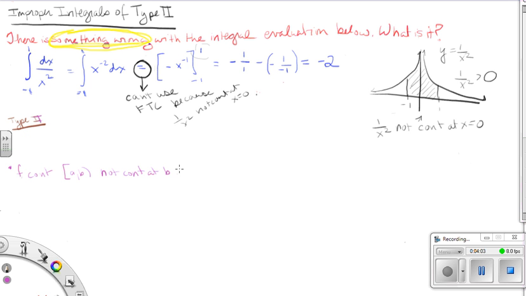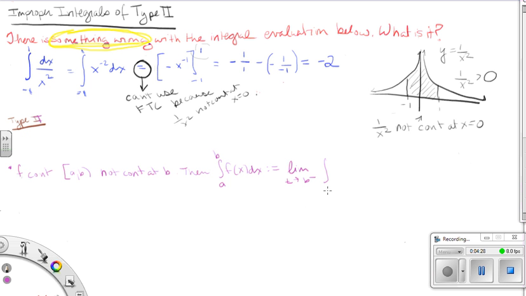In that case, we can define the integral from a to b of f of x dx to be the limit as t goes to b from the negative side. So what we're doing is getting a little bit short of that discontinuity, right?